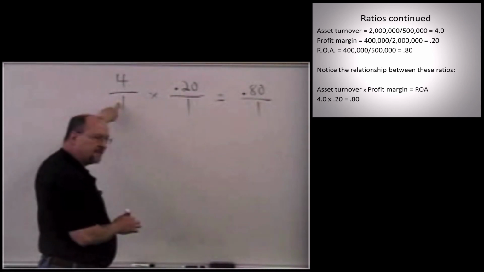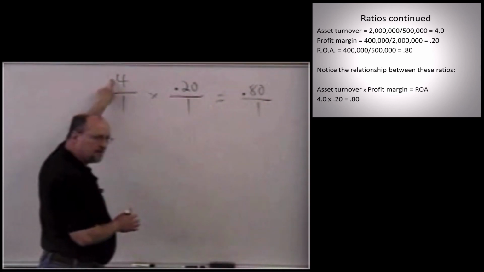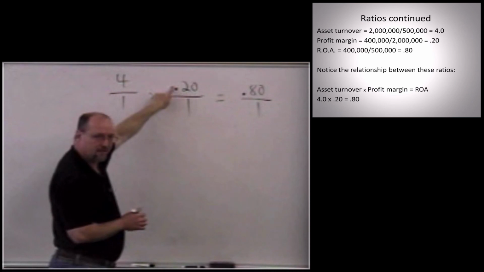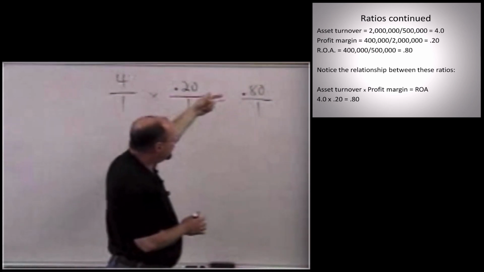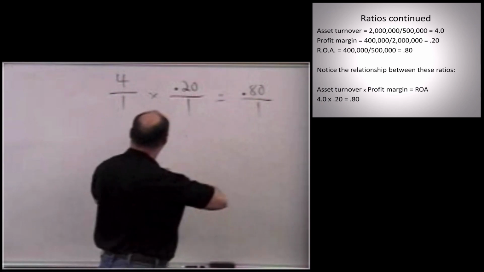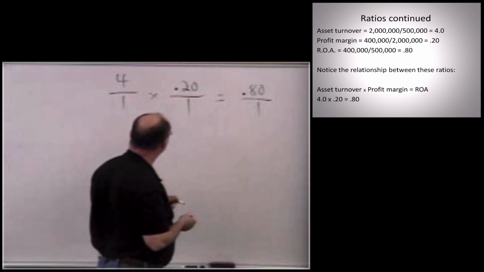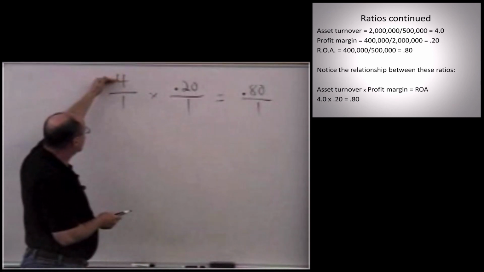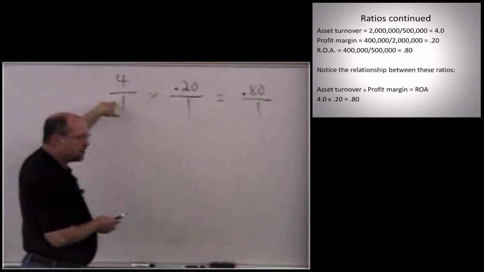Each $1 invested in assets generates $4 revenue. Each $1 of revenue generates 20 cents of profit. Therefore, each $1 of assets invested generates 80 cents profit. Notice how we have net sales divided by average assets.